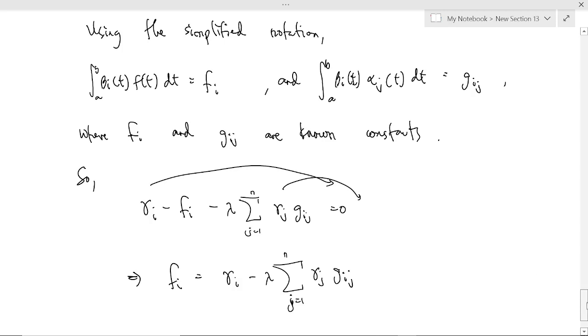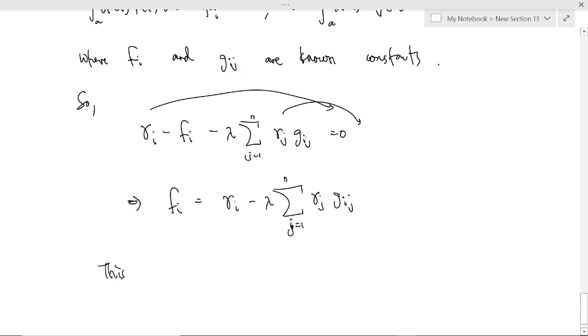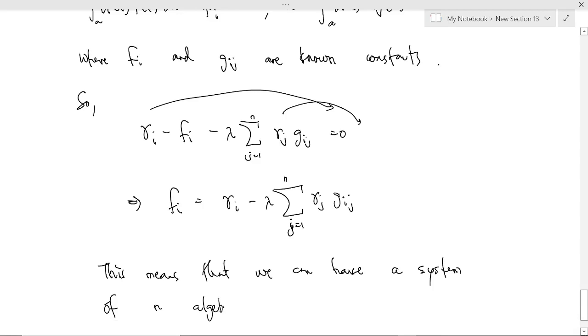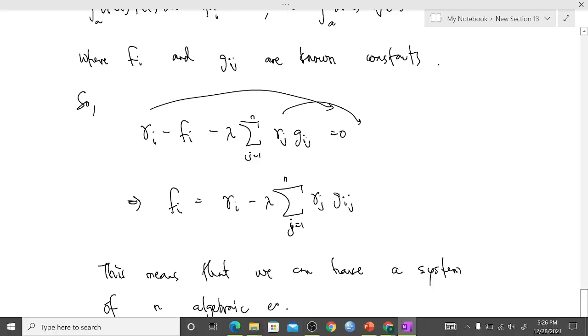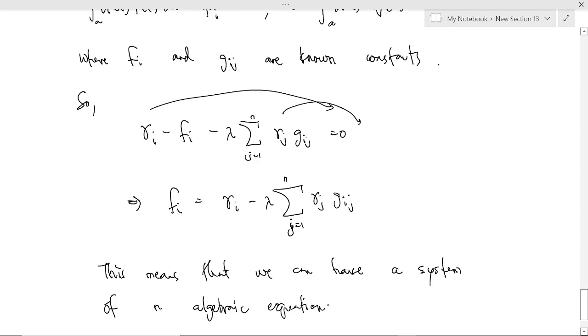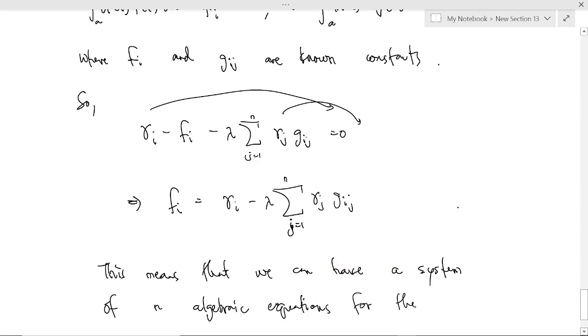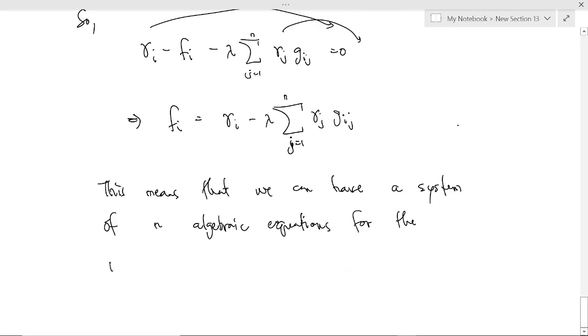So this means that we have a system of n algebraic equations for the unknowns gamma_i.